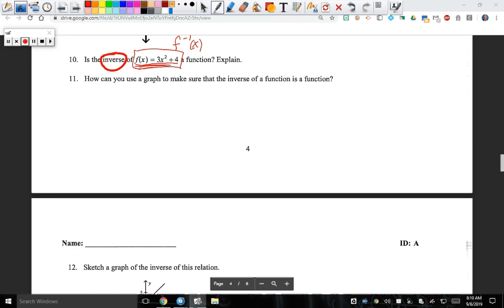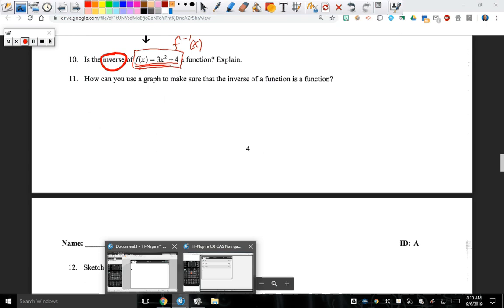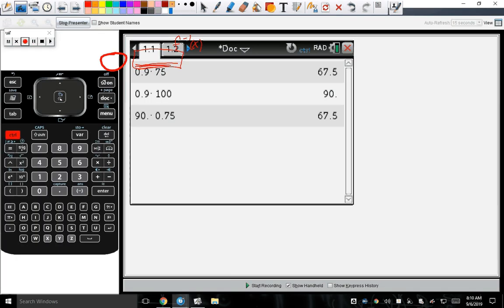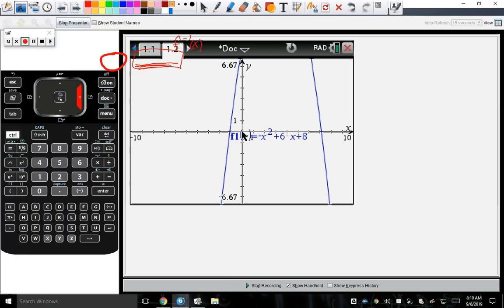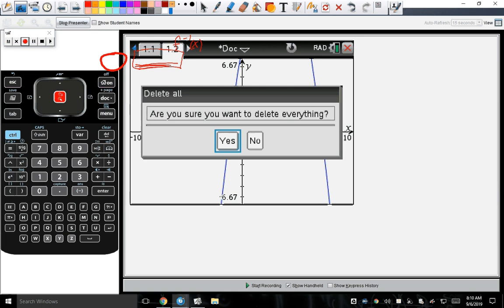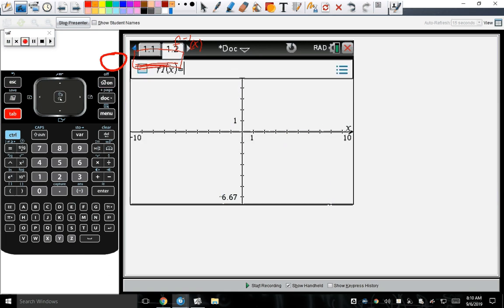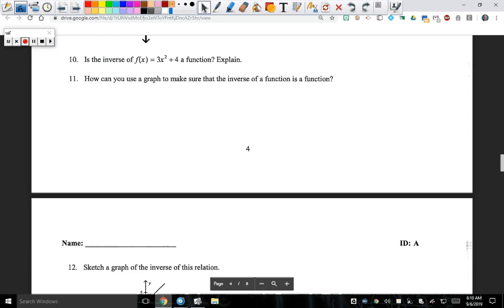First of all, if I were to go to my graphing calculator and put 3x squared plus 4, I would press control right, delete 3 times, yes, because I want to delete everything, and press tab to open up a new y equals. And we're going to put in our function that we were given, which was 3x squared plus 4.